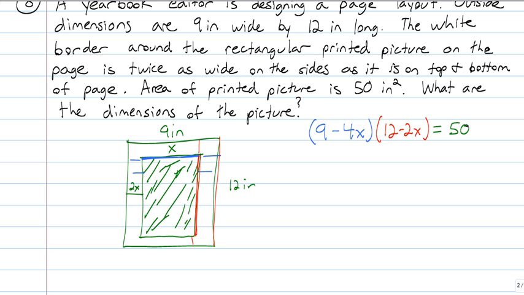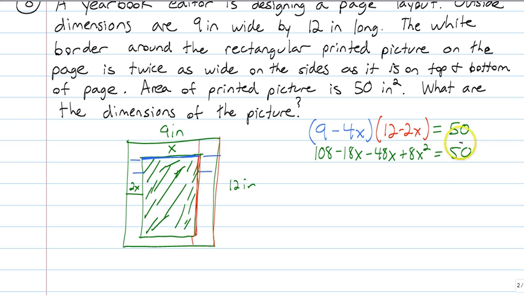Okay? So, I am going to now multiply this out and factor it, just like another problem we were doing. So, 9 times 12 is 108. 9 times negative 2x is negative 18x. Negative 4x times 12 is minus 48x. And then finally we get a plus 8x squared equals 50.